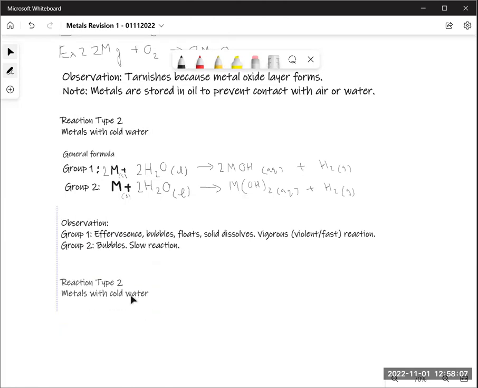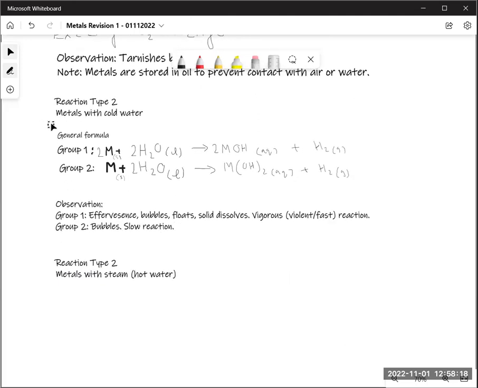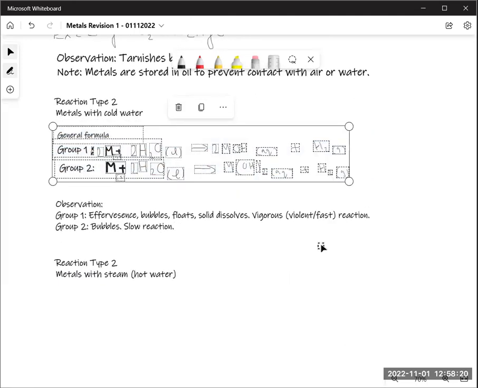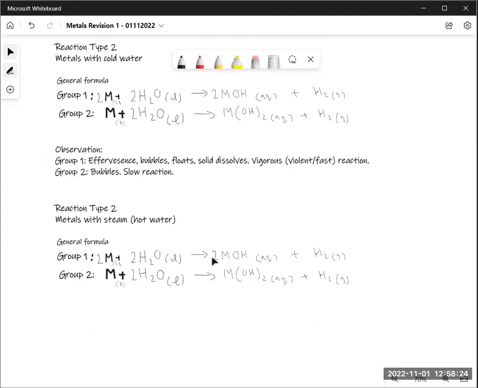Now for reaction with hot water or steam. Steam is the vapor form. So far we have done the liquid form of water. What happens if we get the vapor form, the gaseous form?